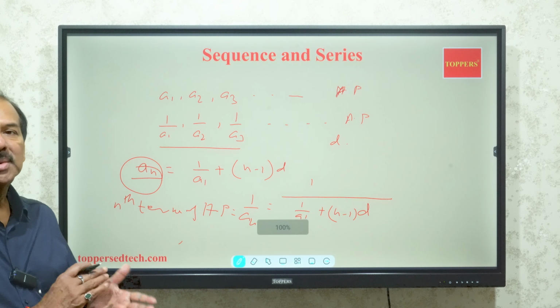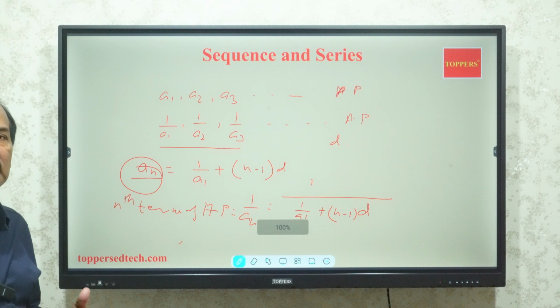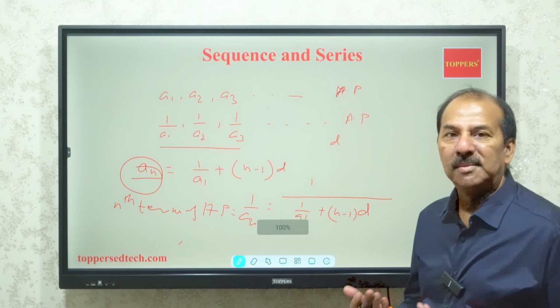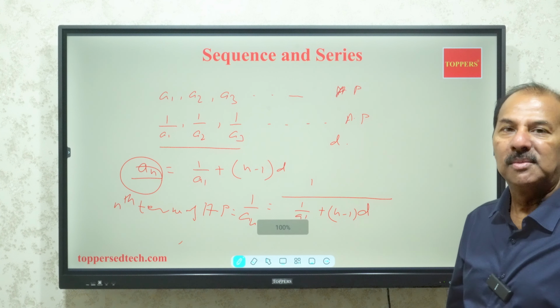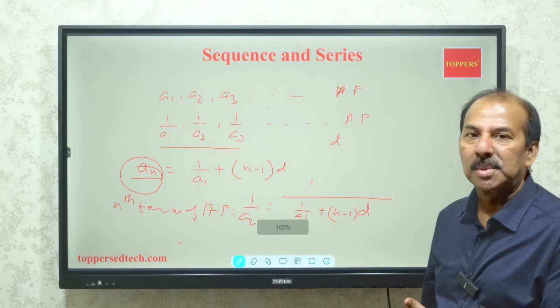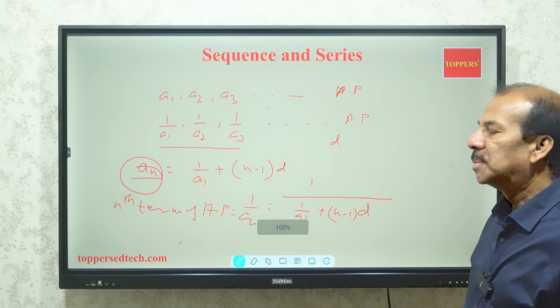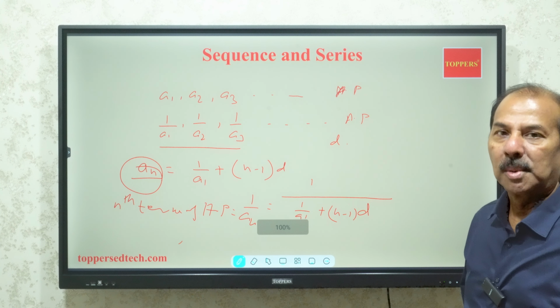But we don't have such a relation as far as the harmonic progression is concerned. Then depending on the nature of the series, the nature of the sequence, we will use different ways to calculate the sum of the terms in the harmonic progression, and there is no need to remember any formula as far as these concepts are concerned. It will completely depend on the situation, and observing that situation we will use different ways to calculate the sum of the terms.